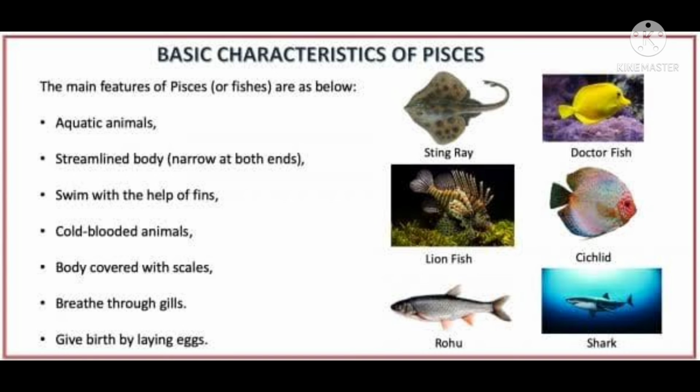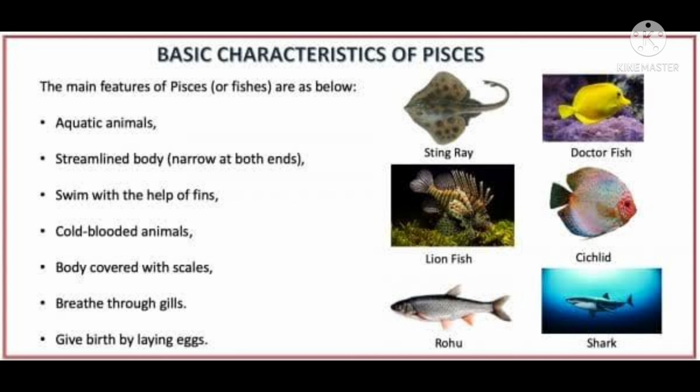Under the class Pisces, these groups are known as fishes. They are exclusively aquatic animals. Their skin is covered with scales or plates. They obtain oxygen dissolved in water through their gills. The body is streamlined and the muscular tail is used for movement.